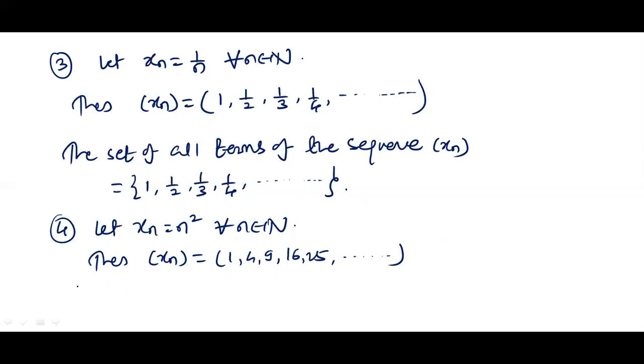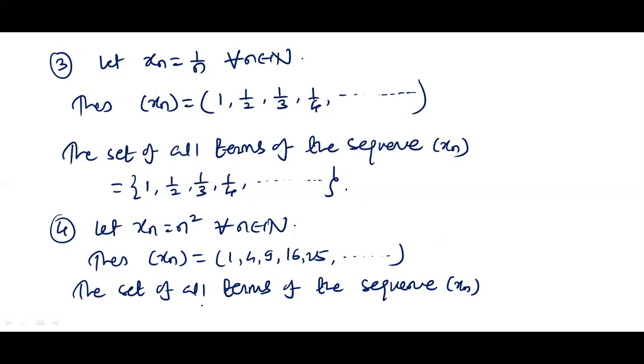And in this case, the set of all terms of the sequence xn is a set whose elements are 1, 4, 9, 16, 25, and so on.